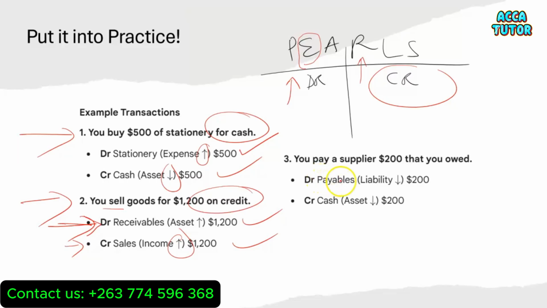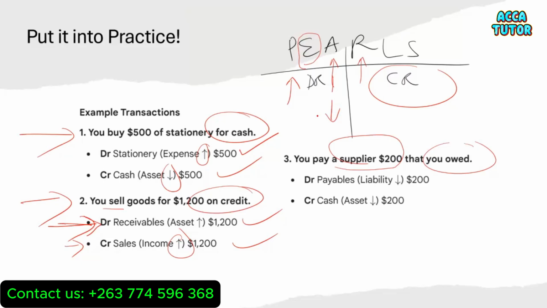So you have paid. If you have paid, it means that cash has gone out, all right? But you have also cleared a liability. All right. So what has happened here is that the cash asset is not going up, but it is going down.